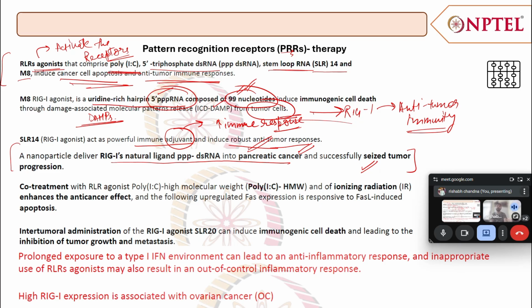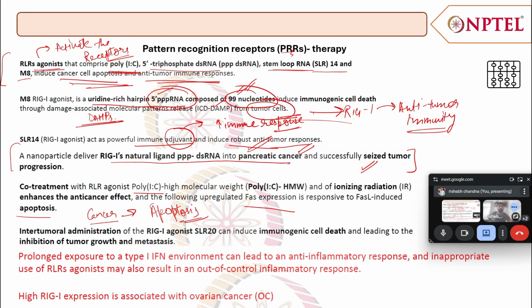Then another example was co-treatment with high molecular weight poly-IC and ionizing radiation, which enhances the anti-cancer effect and the following upregulated Fas expression in response to Fas ligand induced apoptosis. So in terms of cancer cells, we have to target apoptosis so that we can increase the apoptosis in the cancer cells.